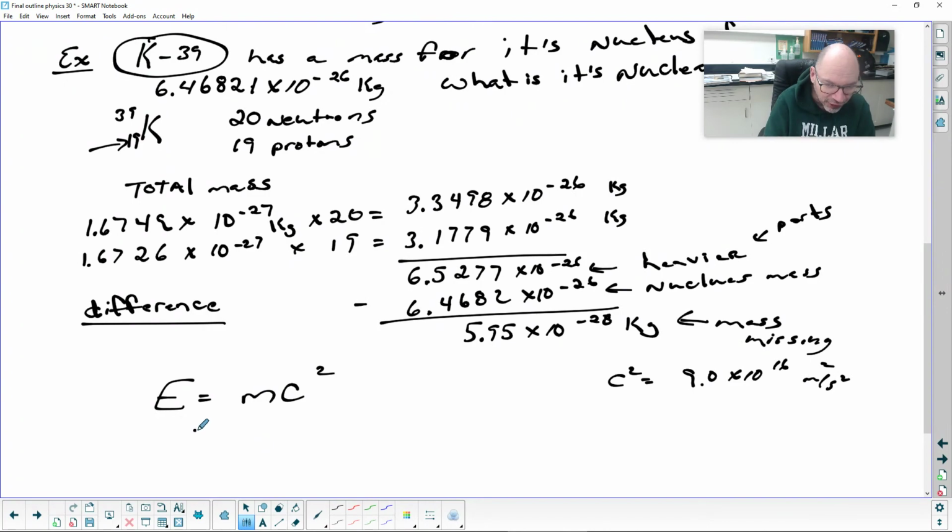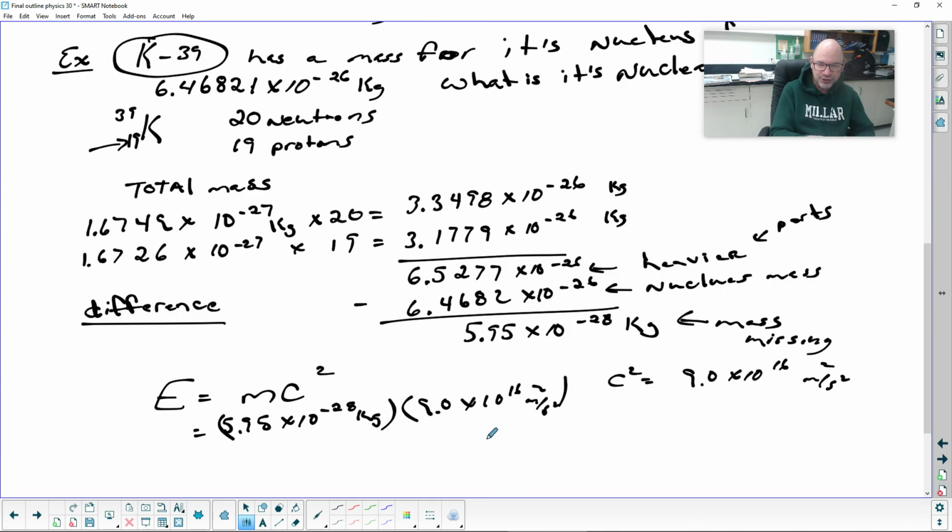So mass times c squared always turns out to be 9.0 times 10 to the 16, because we just square the speed of light.